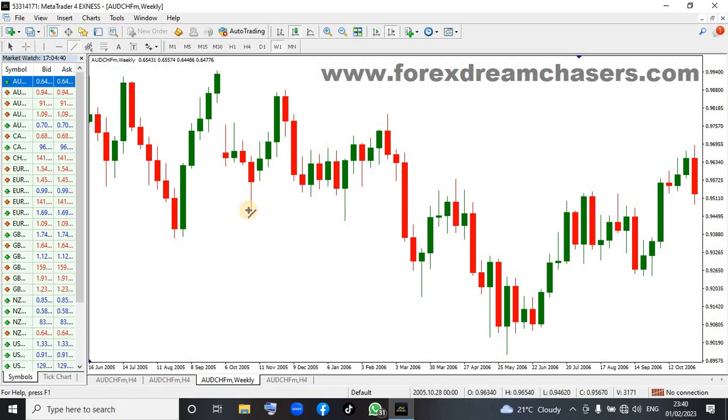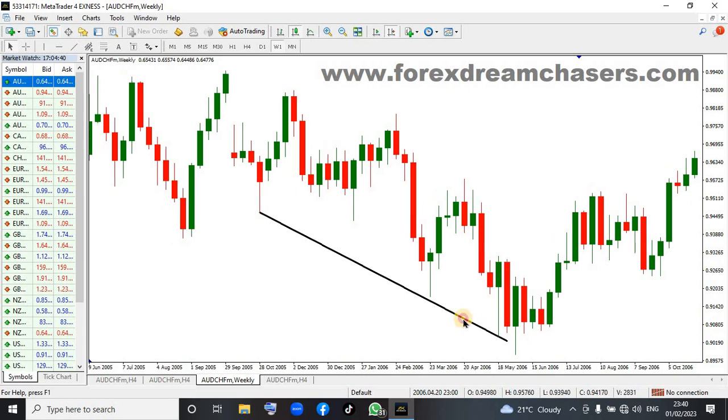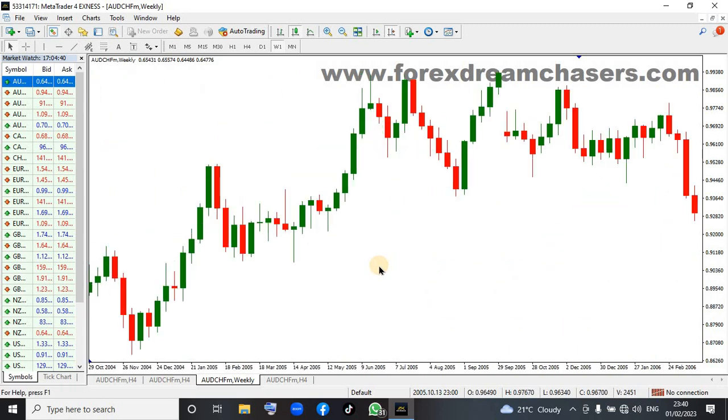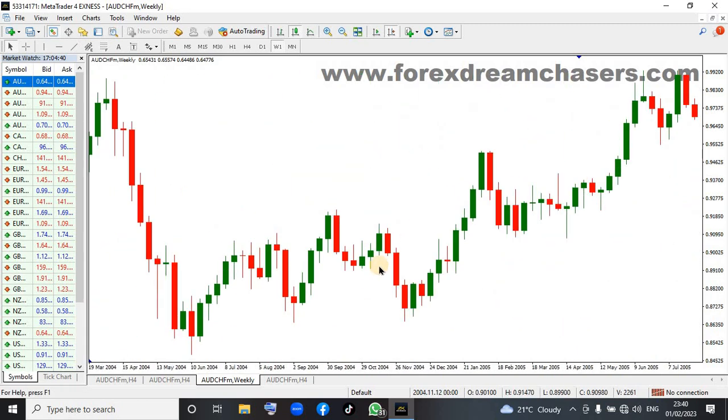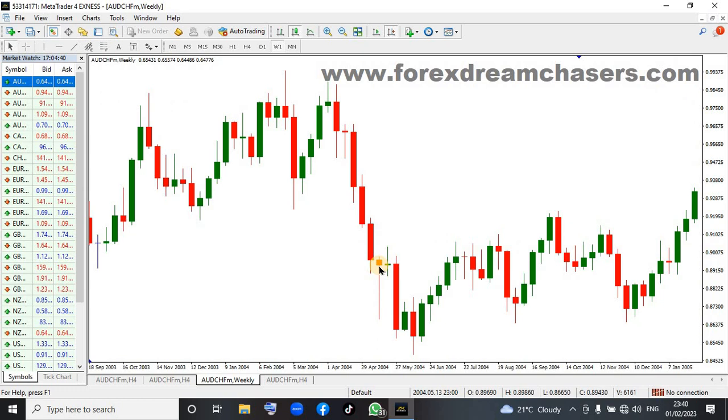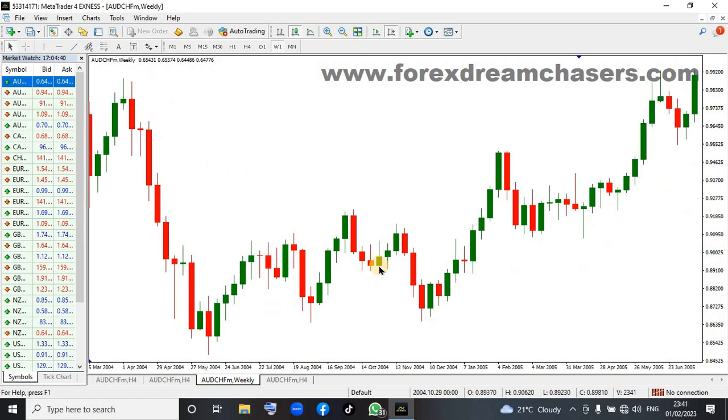This one, it seems like it looks like a flip, almost. You must also learn how to draw a trend line very quick and simple.